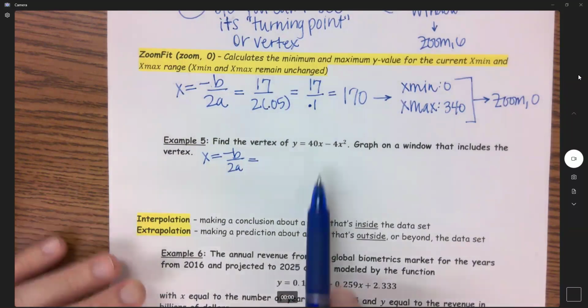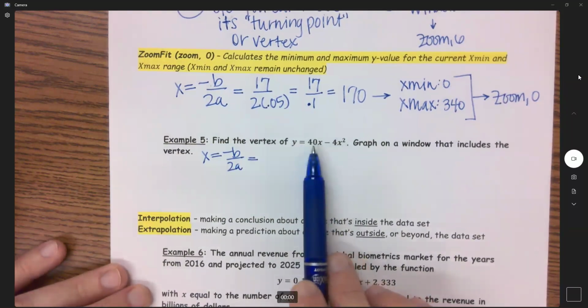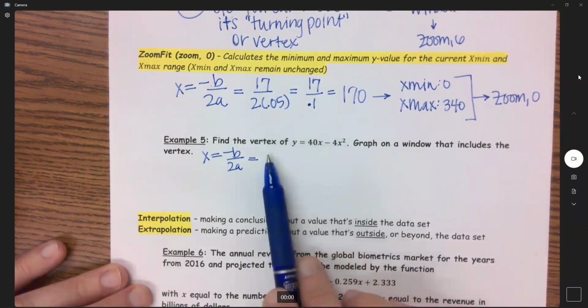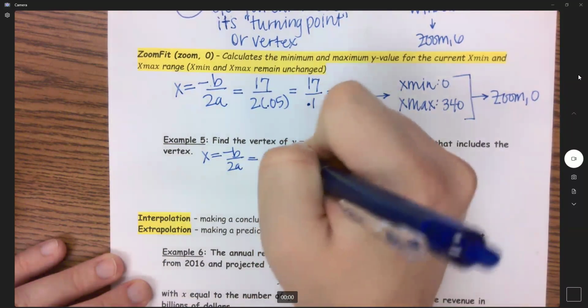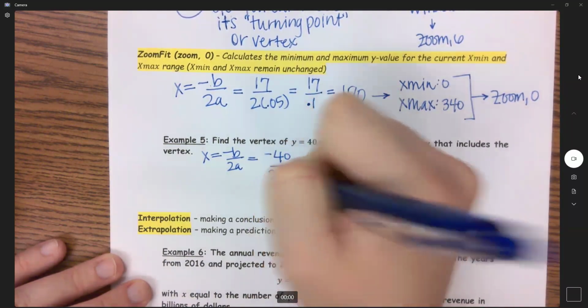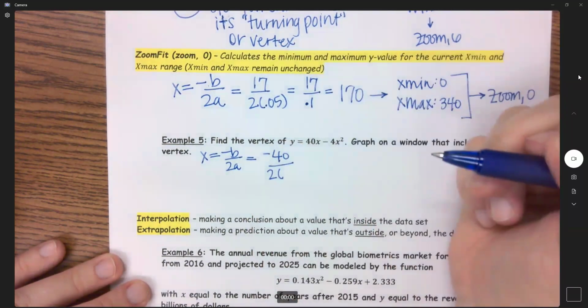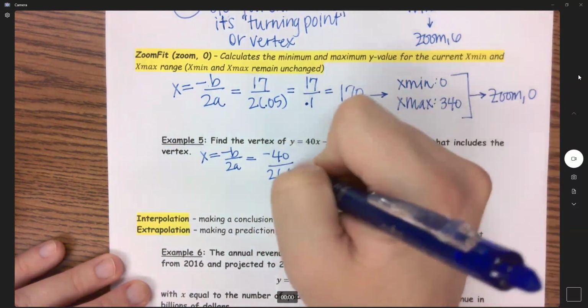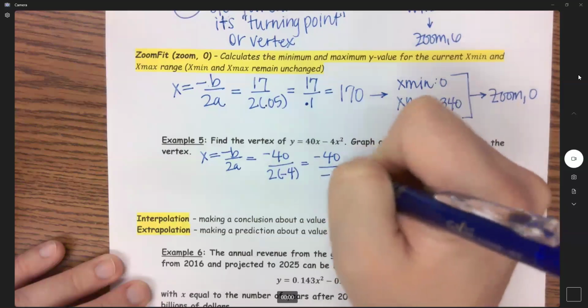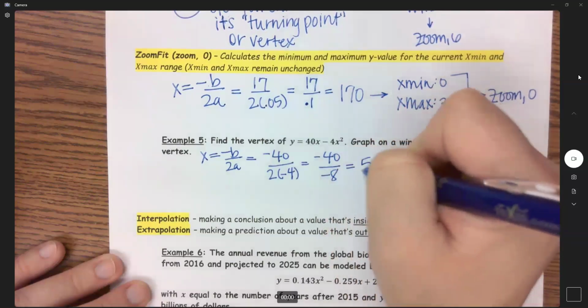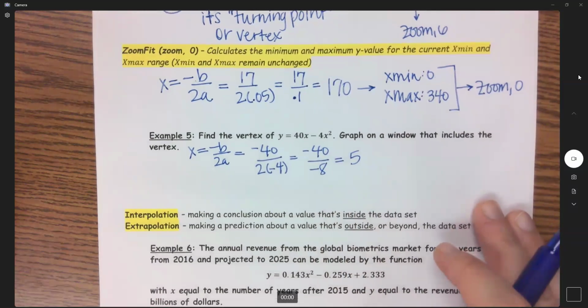So here, this is out of order because now it is x and then x squared. So my negative b would be negative 40 over 2 times a, which is this negative 4 right here. So we have negative 40 over negative 8. And so we have an x coordinate of 5 for my vertex.